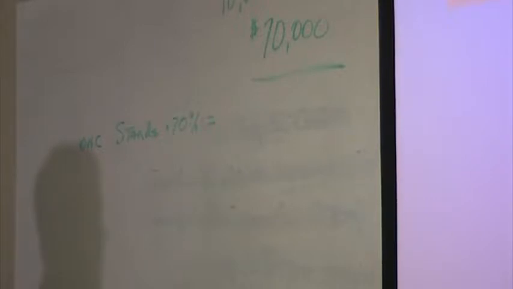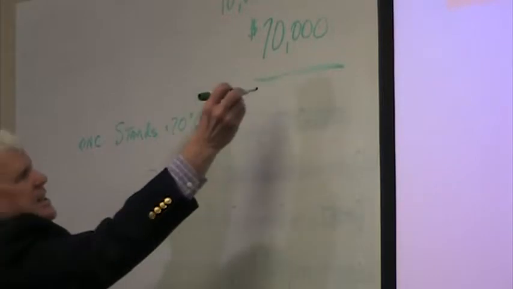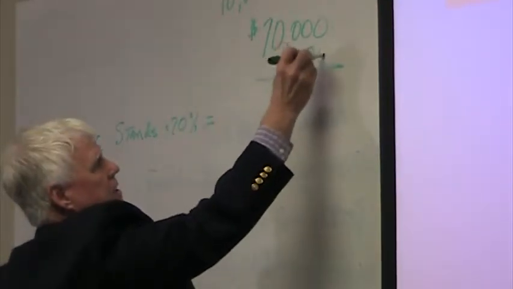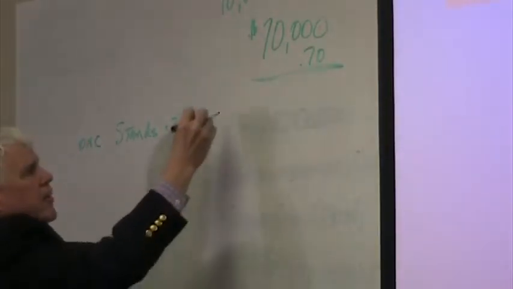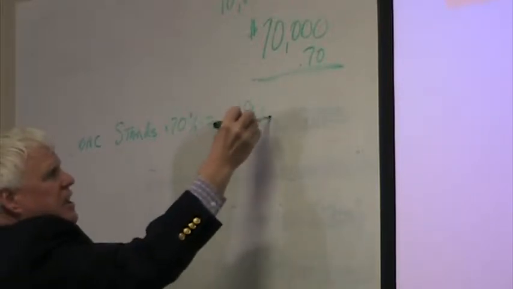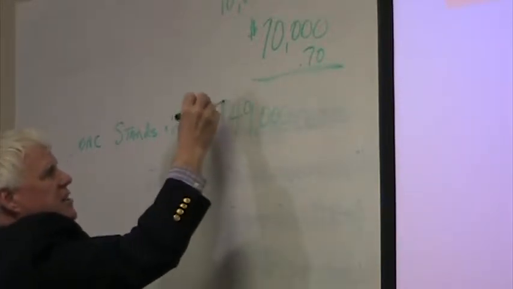You're going to take 0.7, or 70%, times the total, so it would be $49,000. That's what the concession stands are going to earn for us in this case history.